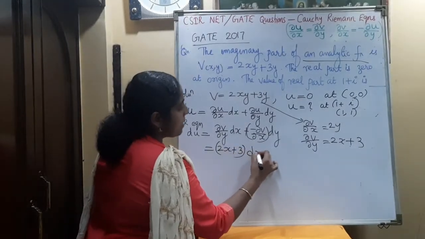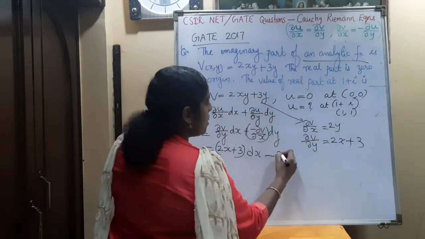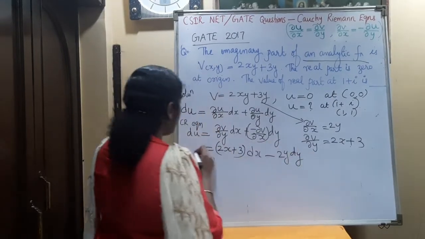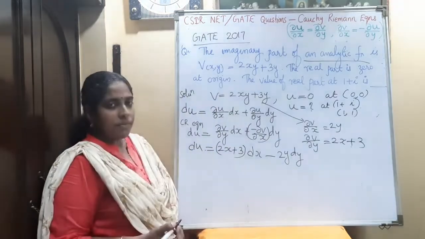So du is equal to (2x plus 3) dx minus 2y dy.